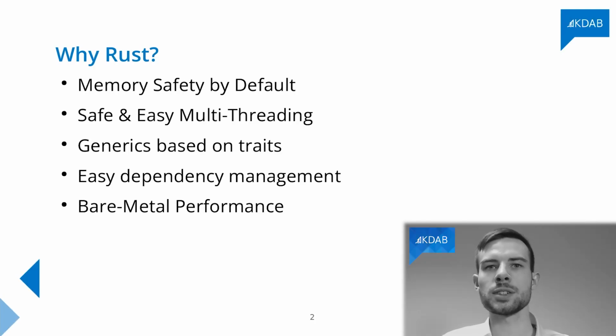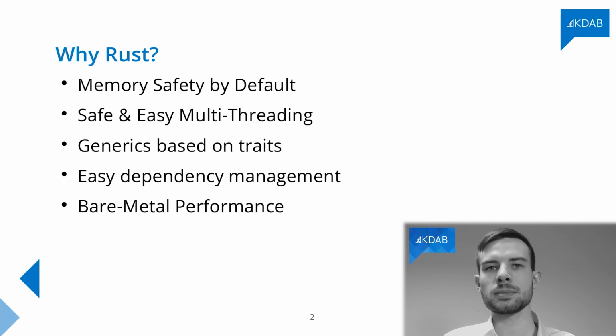So, before we talk about how to actually integrate Rust into an application, let's first talk about why we'd want to do so. First off, Rust has very good memory safety by default. You don't have to worry about, for example, a use after free or uninitialized data that you might encounter frequently in C++, and which can lead to corrupt data or even a crash in the worst case.